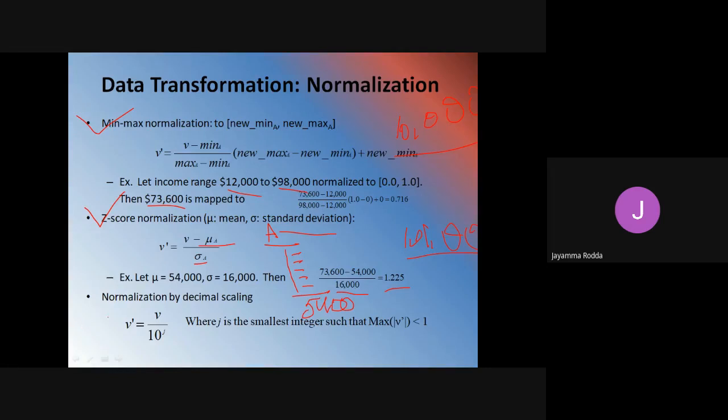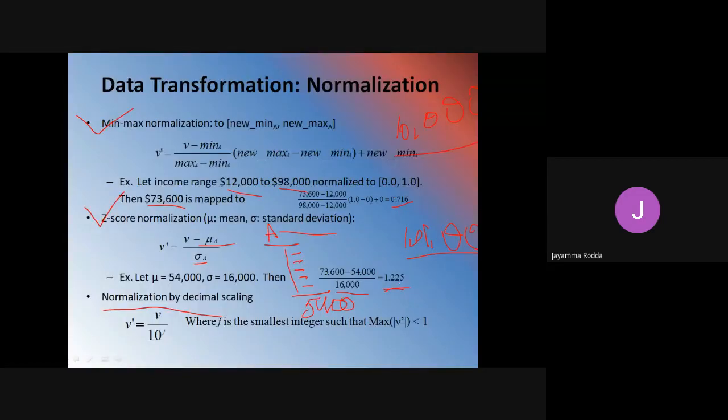Okay. Then the last concept is normalization by decimal scaling. See here, we are seeing 0.716, 1.226; these are the normalized values. So this normalization will be done so that the data is converted into a specific value.